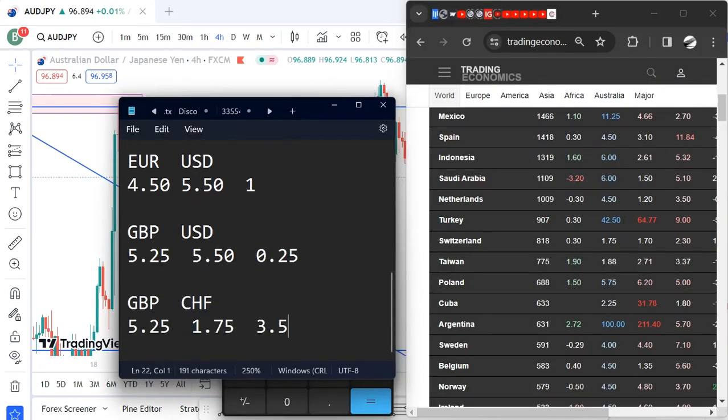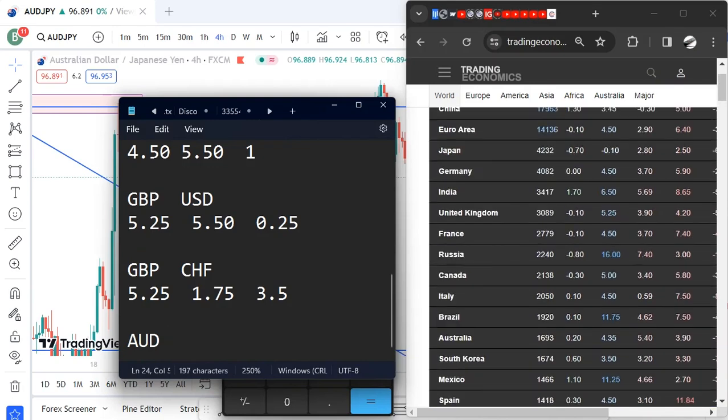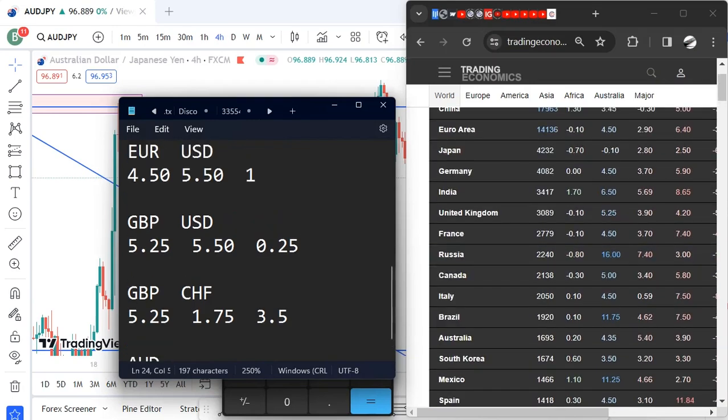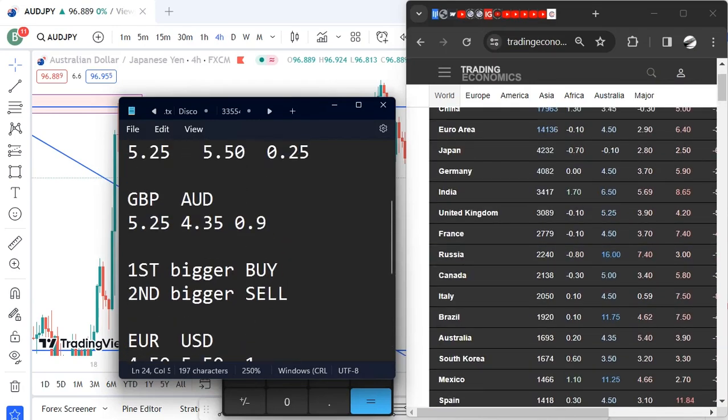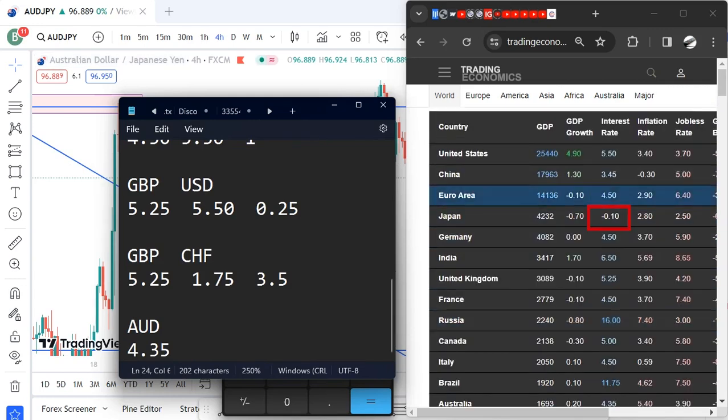Let's start with AUD, that is Australian dollar. We have it somewhere here, which is this, and the next is JPY, that is Japan. You can see that the rate of Japan is negative 0.10.